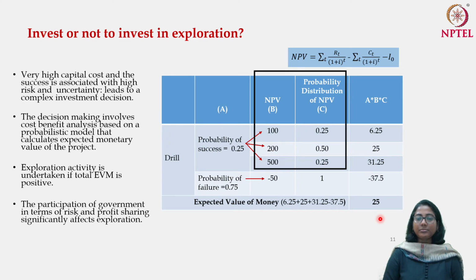Now, in this context, this EVM, the expected value of money, is still associated with a lot of uncertainty and risk, and therefore comes the role of the government, especially given the fact that the government owns all these resources, and you need a permission if you want to explore and extract this kind of resources.